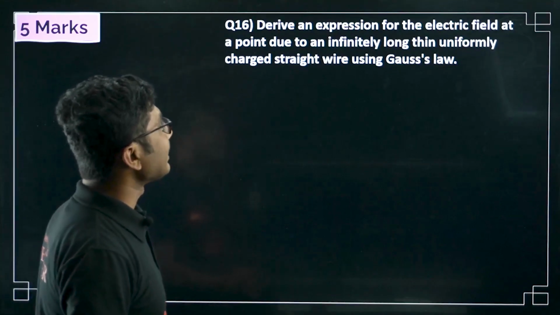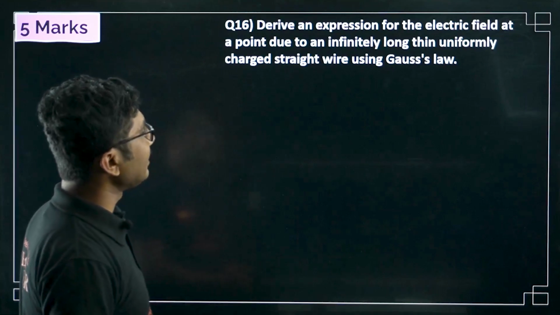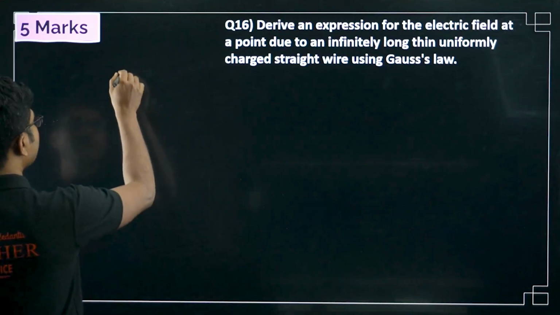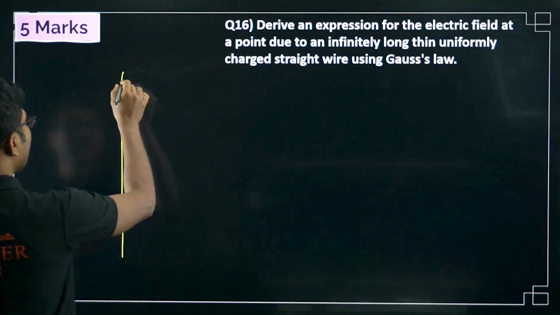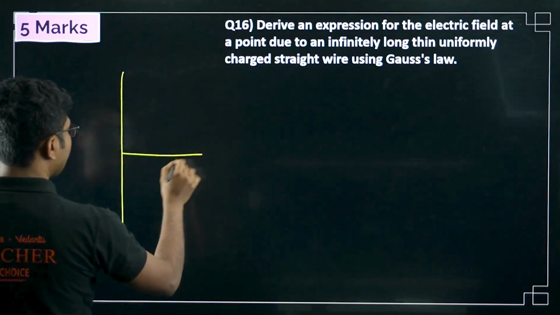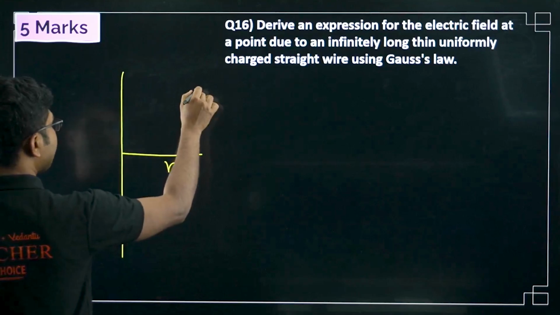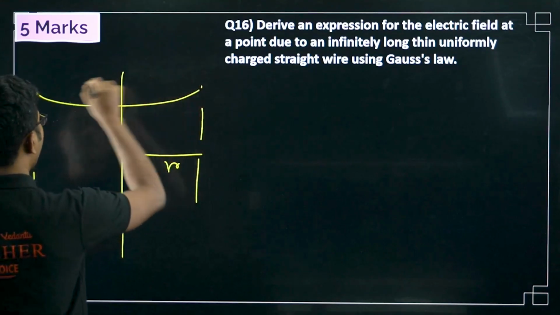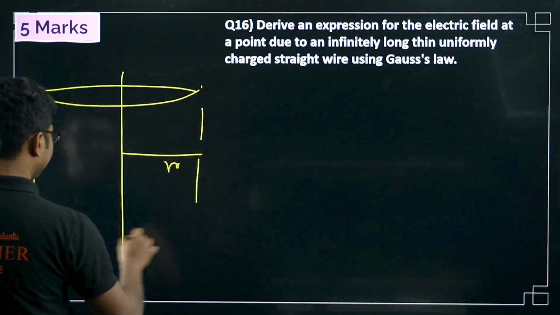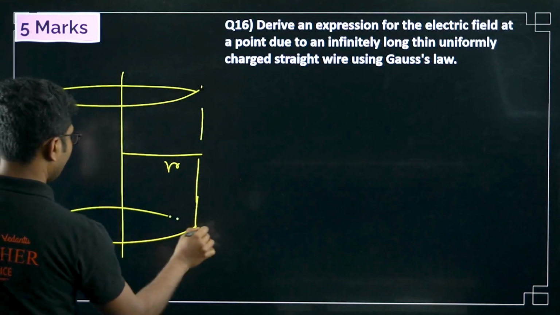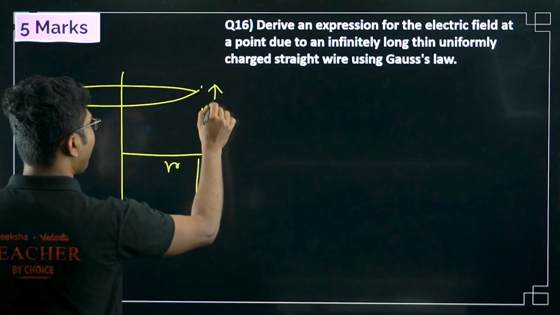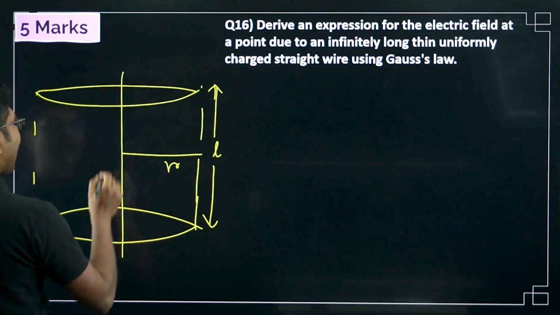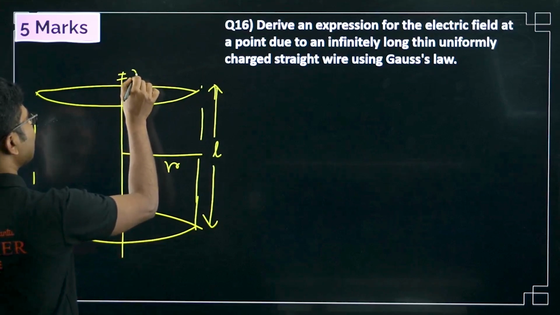Derive the expression for electric field at a point due to an infinitely long, thin, uniformly charged straight wire using Gauss's law. So for a long straight wire, using Gauss's law, we are trying to find the electric field at a point at distance R. First stage is to construct a Gaussian surface of radius R and length say L. The charge per unit length is given by lambda.